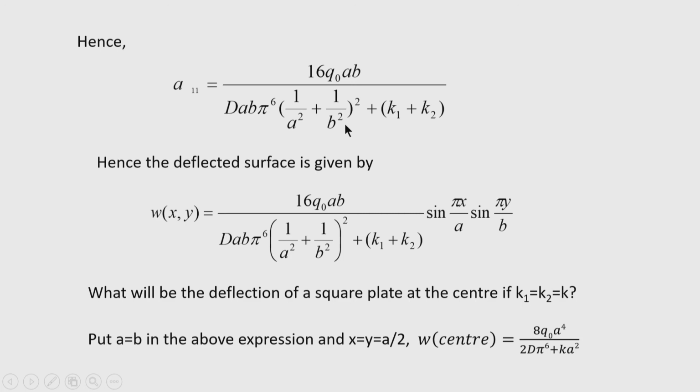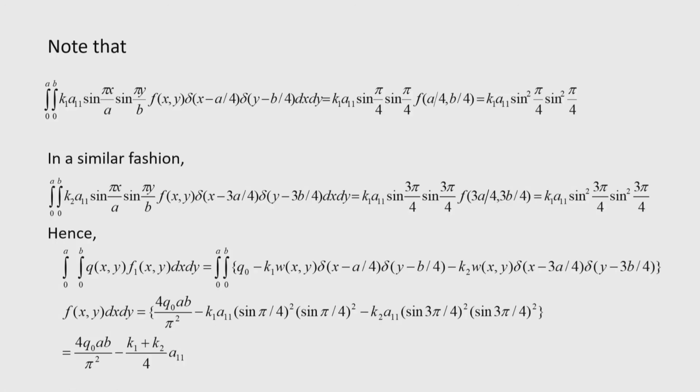Now, you can see how this quantity a 1 1 comes. After evaluating the I 2, we get this: 4 q naught a b divided by pi square minus k 1 plus k 2 divided by 4 a 1 1.